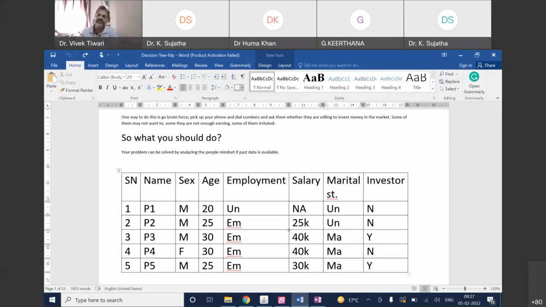Suppose I have encoded all the variable names. I'm not writing gender, age, and employment. I'm writing here v1, v2, v3, v4. Then how do you know v1 is for marital status and v3 for gender? Then how will you decide it? There should be a scientific reason, or some mathematical reason.